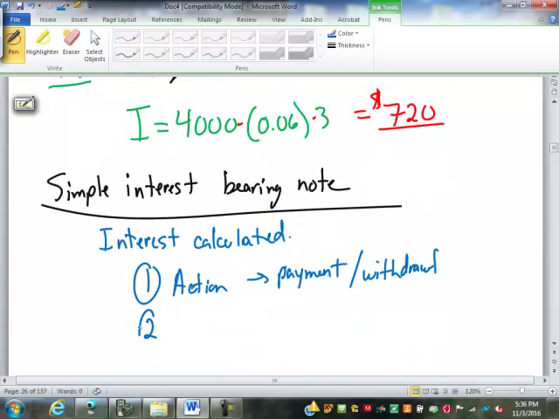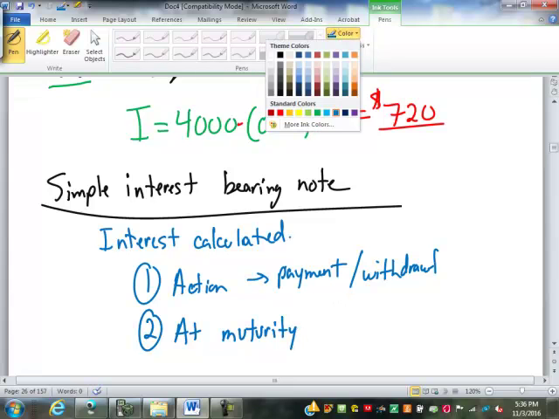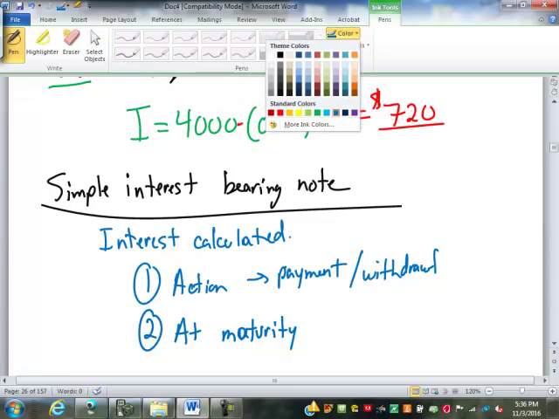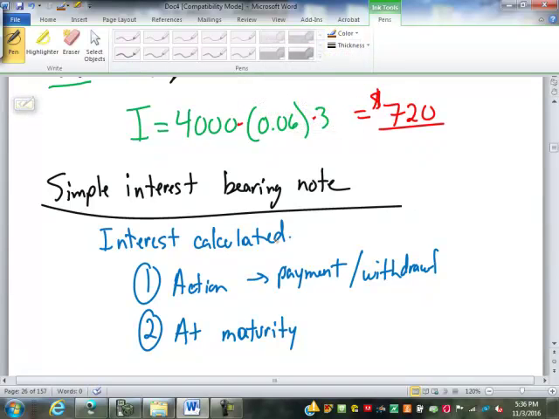Or 2, at maturity. In other words, at the end of the note. I know it's not how you spell maturity. There's probably an A in there. There you go. It's been one of those days. So, otherwise, if you don't do anything with that note from the time you start it until the end, interest will not be calculated in at all until the very end, at maturity.